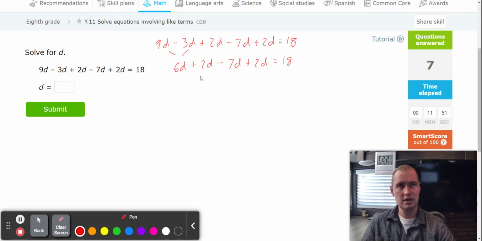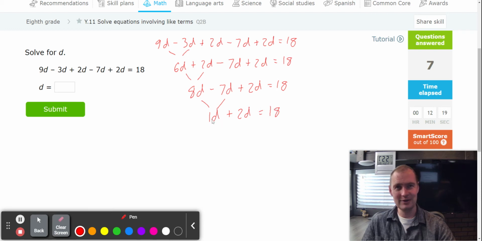6d plus 2d, combining like terms there, is 8d minus 7d plus 2d equals 18. 8d minus 7d leaves us with 1d. Bring down plus 2d equals 18.